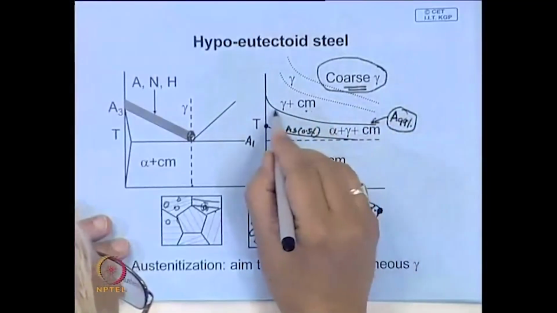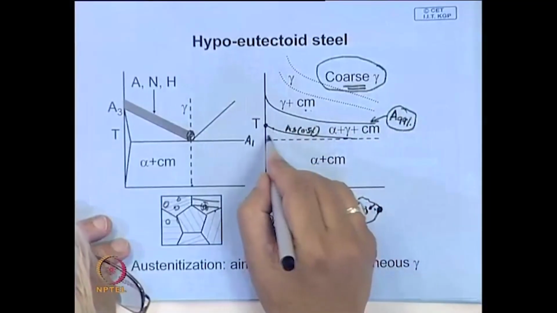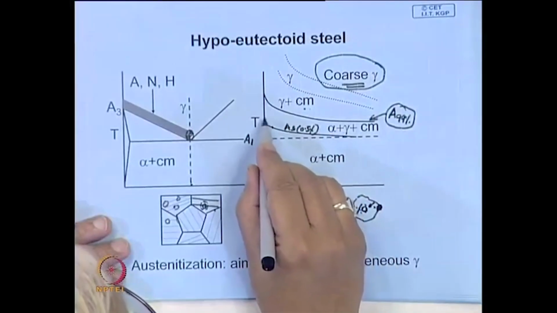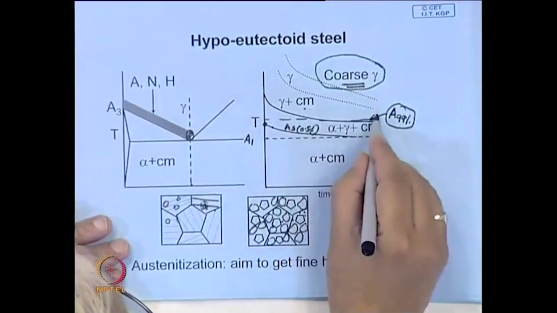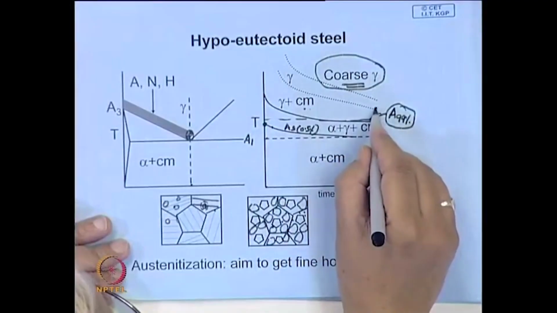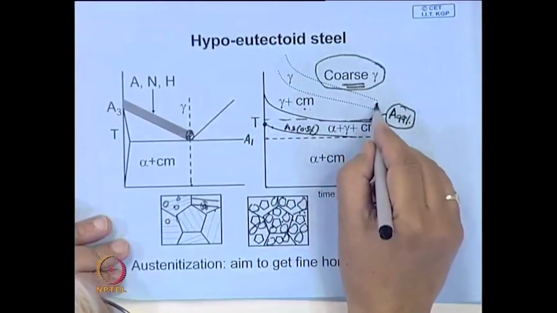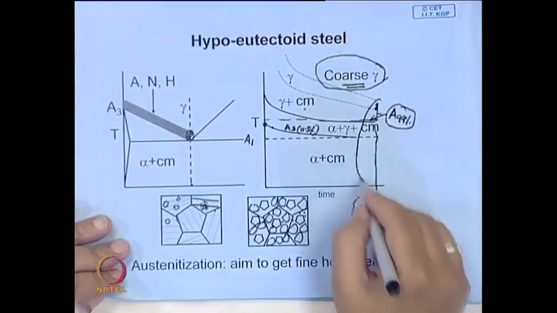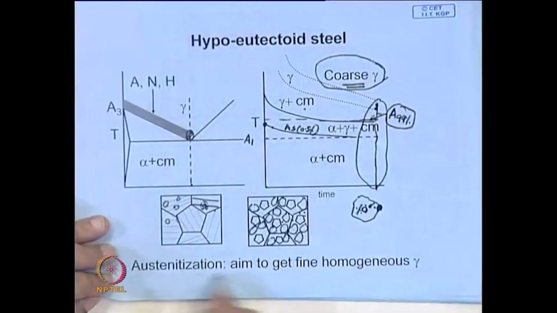So, maybe you will keep it 30 to 40 degrees centigrade above this, somewhere here, and maybe this is the time you have to allow. Just before this grain coarsening starts, you have to stop that soaking, so that you get fine grains.